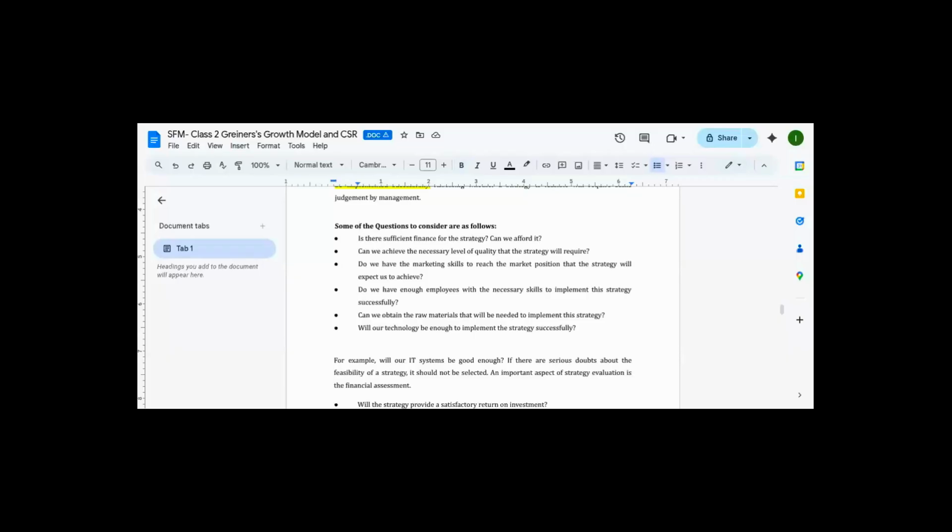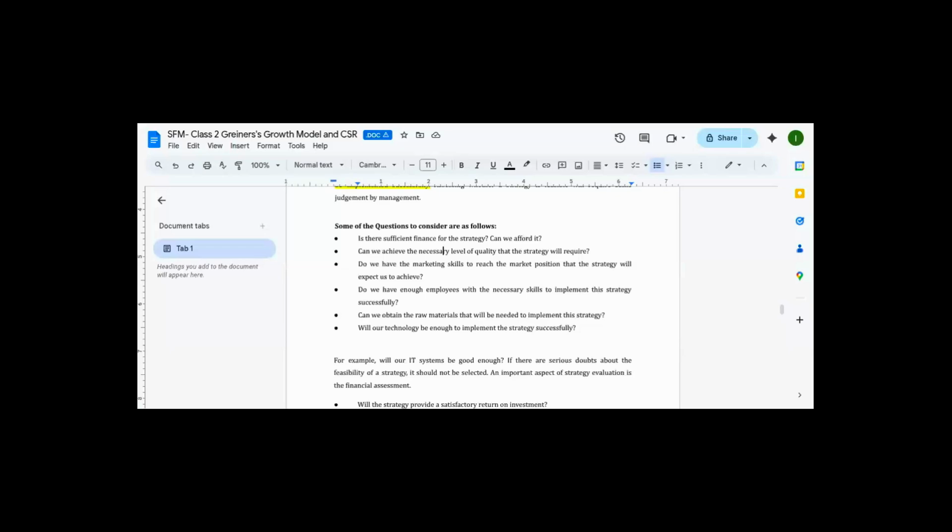Can we avoid it? That is number one. Two, can we achieve the necessary level of quality? Can you see now? Analysis.